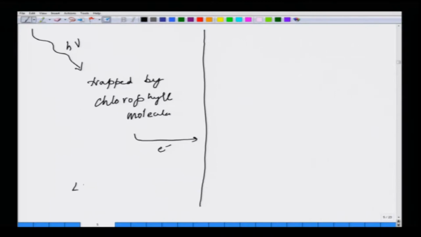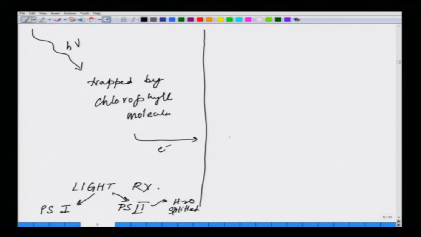This whole process falls under light reaction, and within light reaction, Rx stands for the reaction, there are two stages. One is called photosystem 1, PS1, the other one is called PS2. And it is in PS2 where water is getting split.